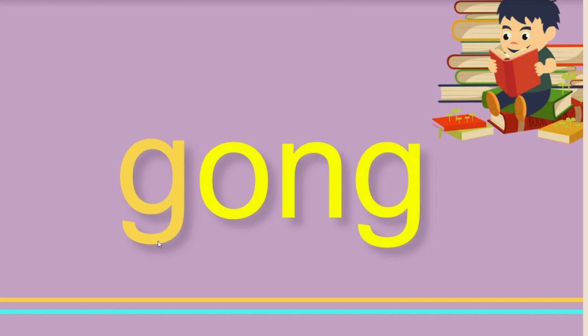Now we know it's not j because I would have taught my son that when Y, I, or E comes after G, the sound of G is now j. It's a soft G. But there is no Y, I, or E after this G, so it's a hard G. And we're going to blend the g with the ong, which will sound out gong.